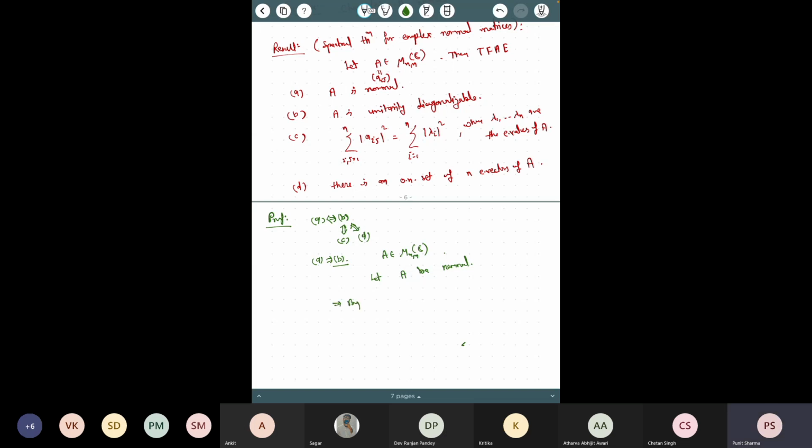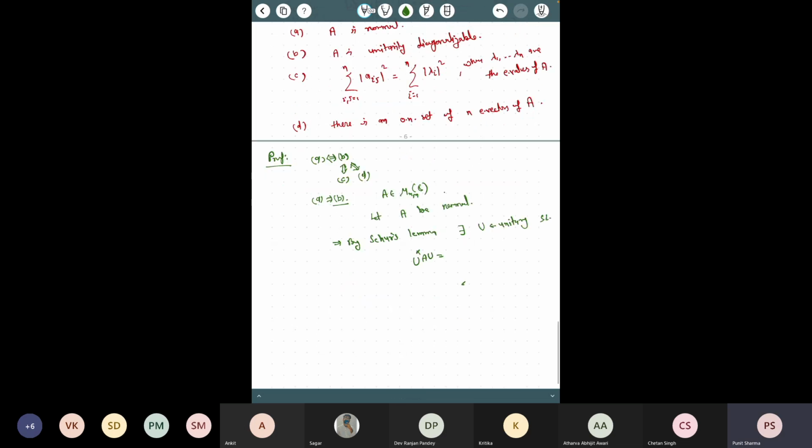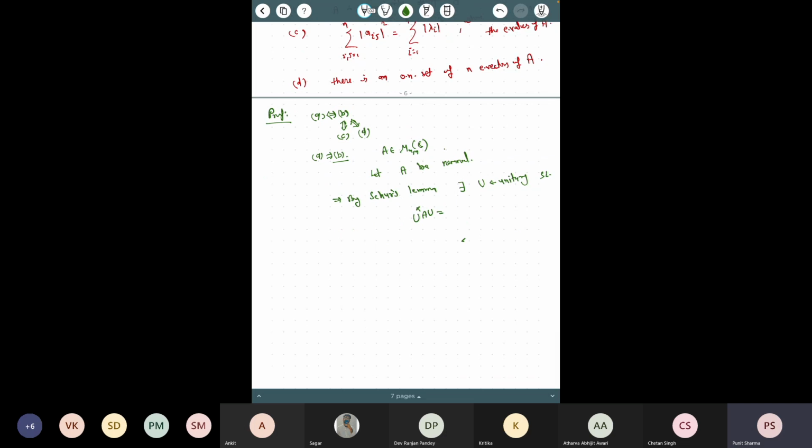So by Schur's lemma, we know that there exists a unitary U such that U star A U is upper triangular. Let's say this is the upper triangular matrix T, and the entries of T are denoted by Tij.